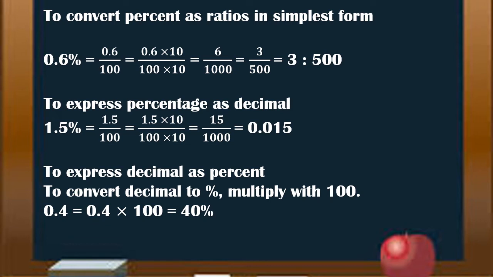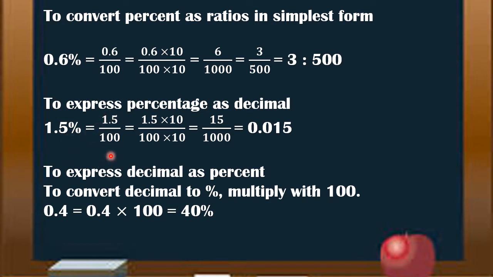So 0.6 into 10 by 100 into 10. This will become 6 by 1000, in the lowest form 3 by 500. So the ratio in the simplest form is 3:500.